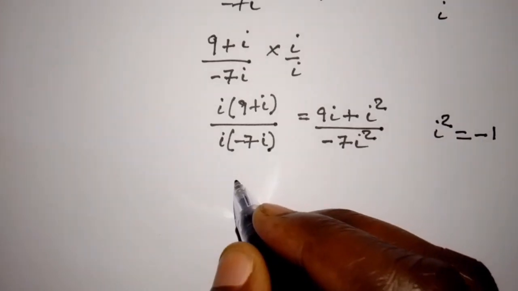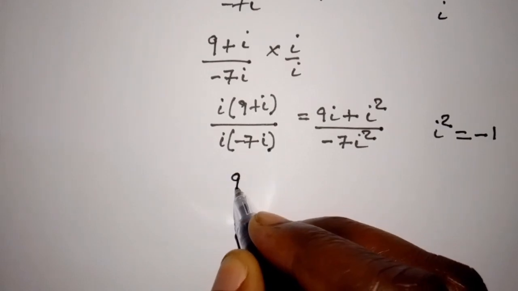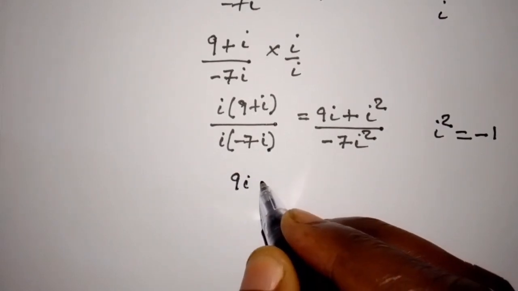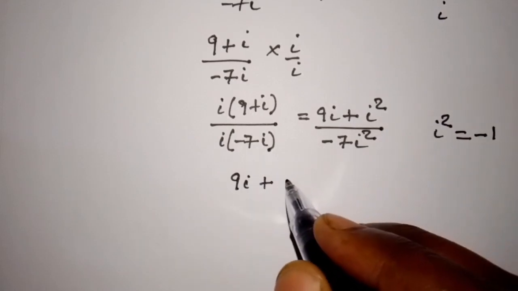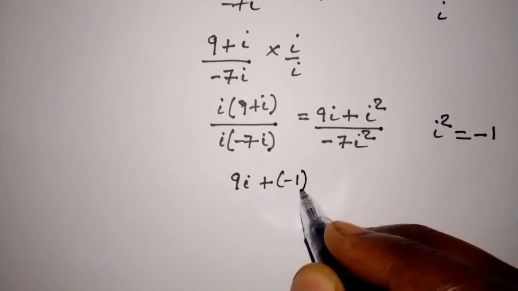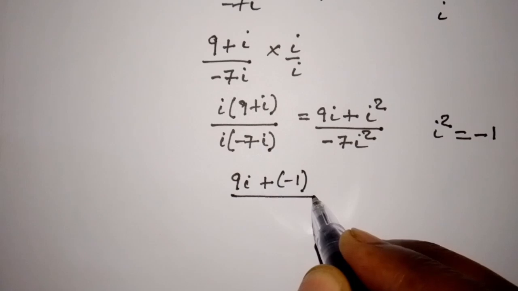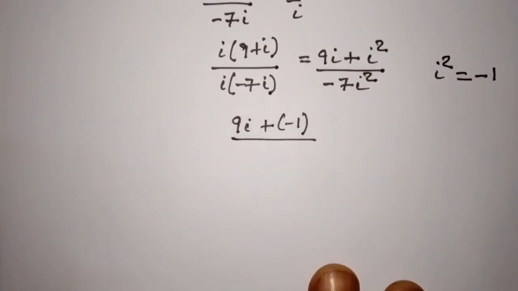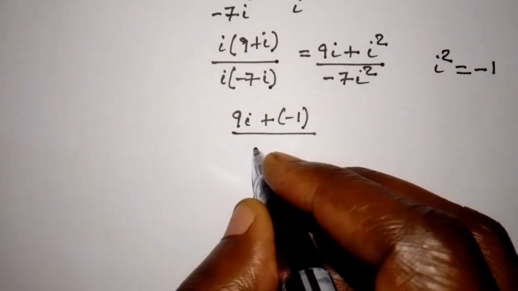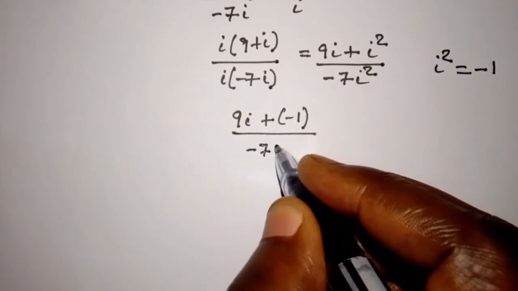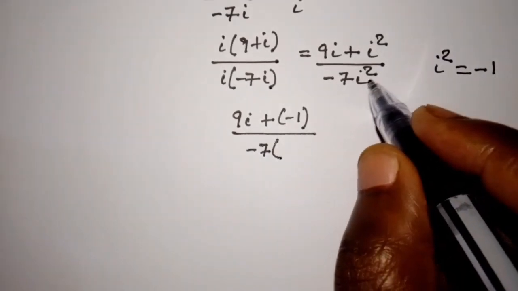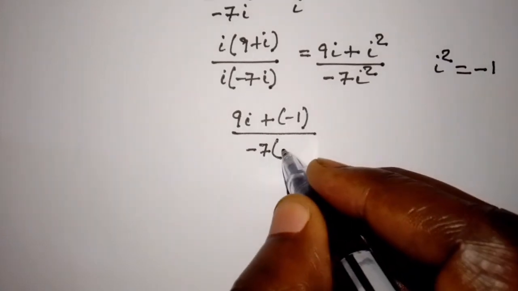This is equal to 9i plus i squared, which is negative 1, so negative 1, over negative 7 times i squared, which is negative 1.